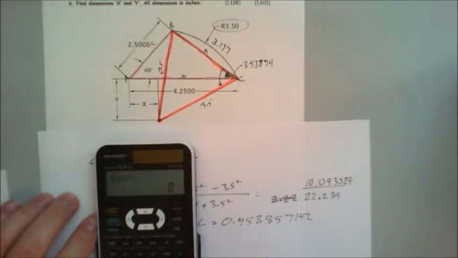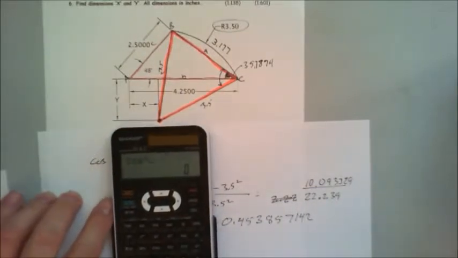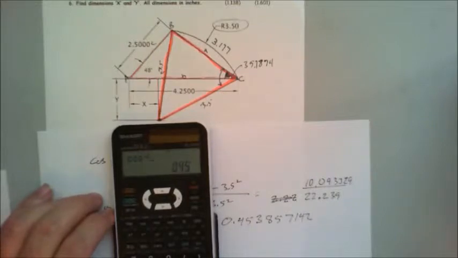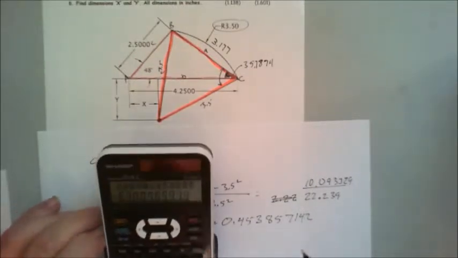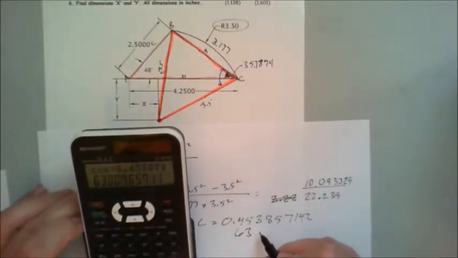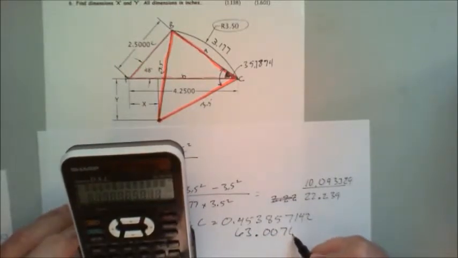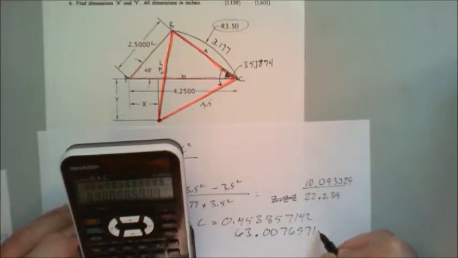Second function cos, 0.453874142 equals 63.00765711.